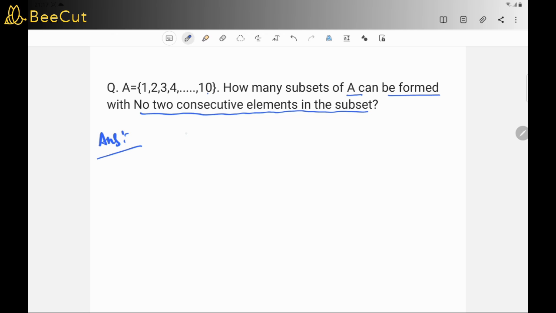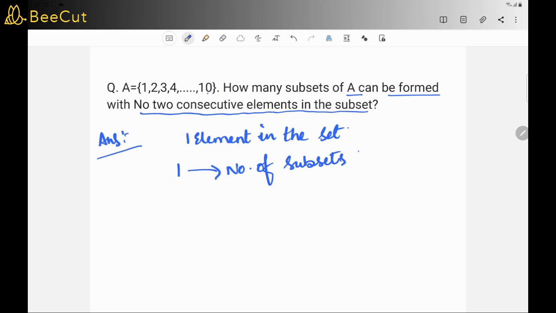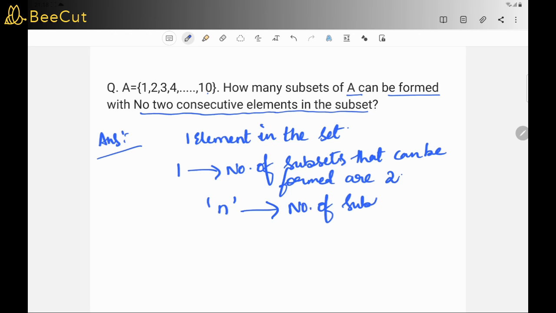Assume that there is only one element in the set. So if there is only one element, the number of subsets that can be formed is 2, because if there are n elements in the set, the number of subsets that can be formed is 2 to the power n.